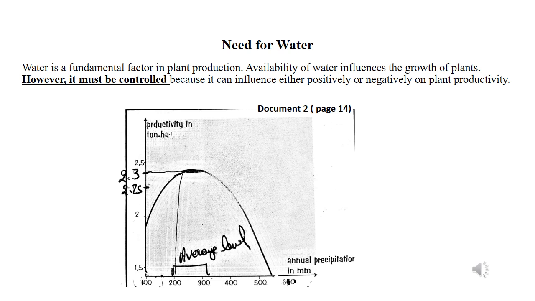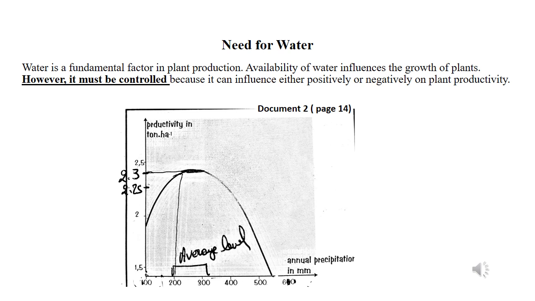This productivity increases to reach its maximum, 2.4 ton per hectare, at 200 millimeters of annual precipitation. However, the productivity remains the same with increasing precipitation till 350 millimeters. This suggests that the annual precipitation between 200 and 350 is the average level.